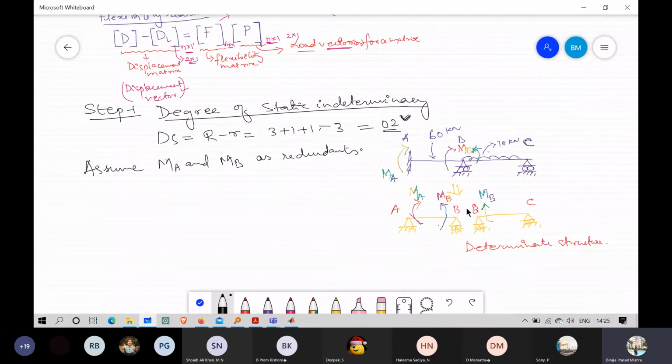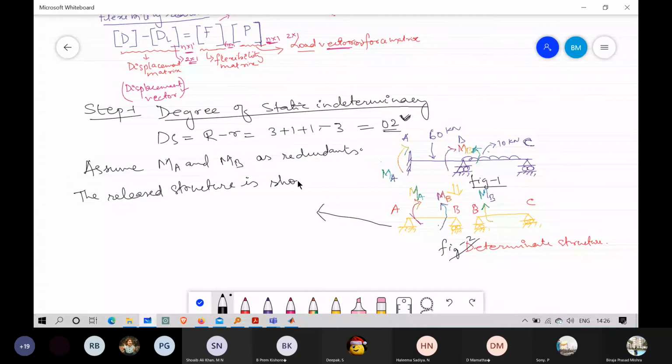Let us say this structure is figure 1, and this is figure 2. Next we can say that the released structure is shown in figure 2.